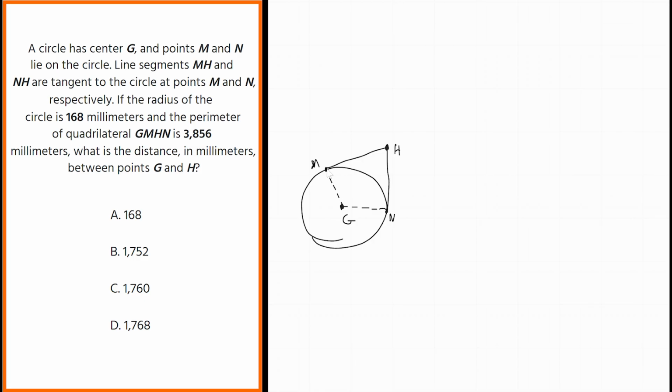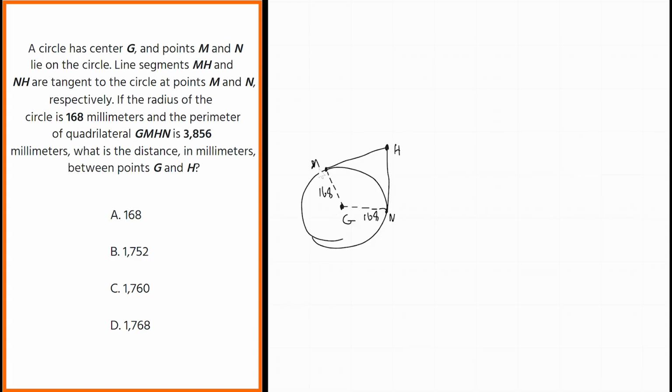Firstly, these two lines that go from G to M and G to N, these are both radii of our circle, which means, according to the description of the problem, we already know what their length is. It says the circle has a radius of 168 millimeters. Both of these line segments are radii, which means both of these have length 168.